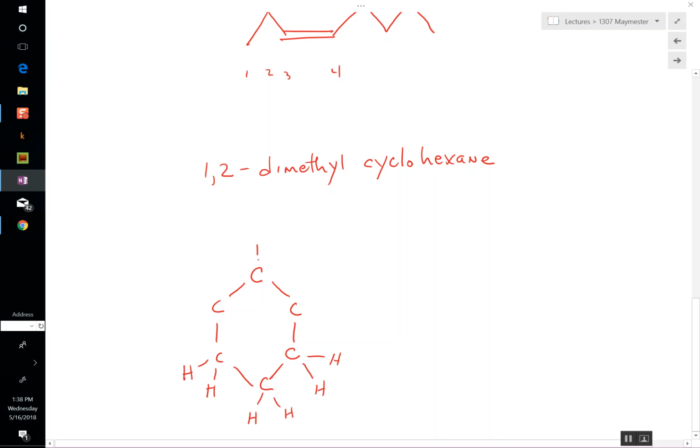So here's a methyl. Yeah, I do want to see all the hydrogens. And there's a methyl on carbon number 2. Now what else do I need on that molecule? Need a hydrogen right here.